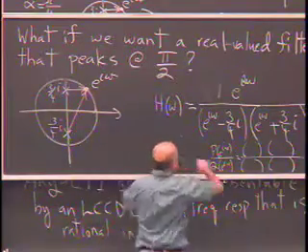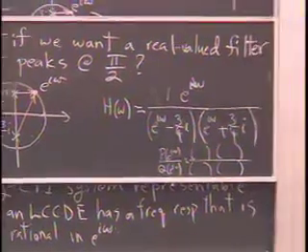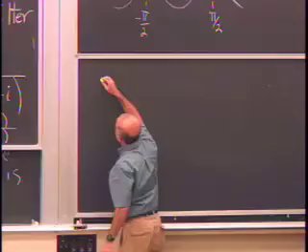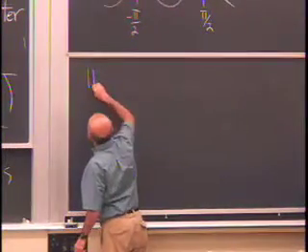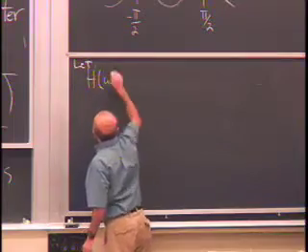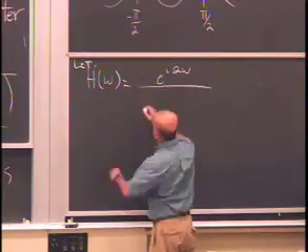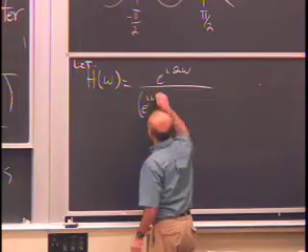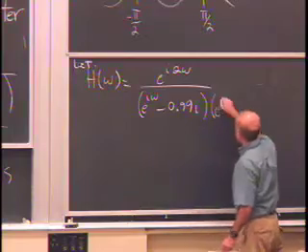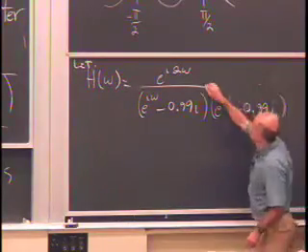Then when you look at the denominator, so I have h of omega. Let h of omega be e to the i 2 omega over e to the i omega minus 0.99 i, times e to the i omega plus 0.99 i.